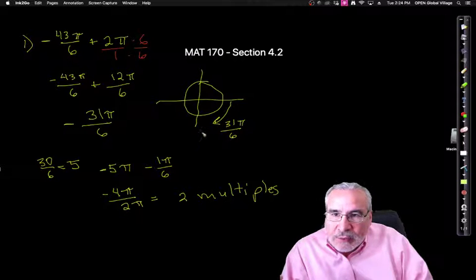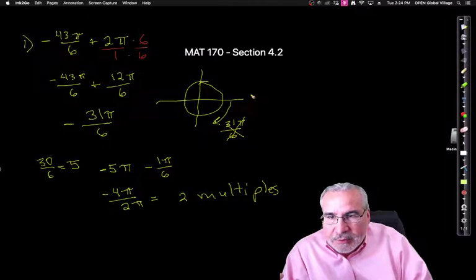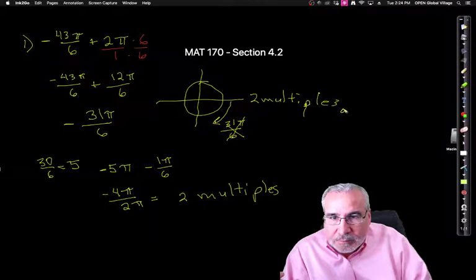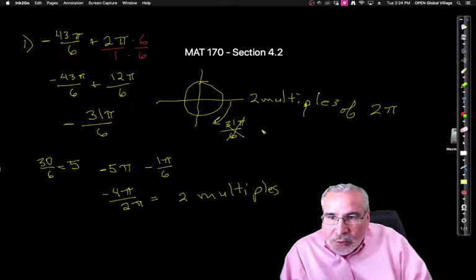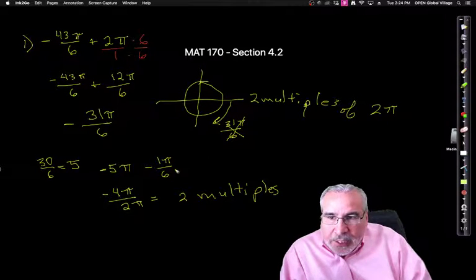So we've gone around 2 times, 2 multiples of 2 pi. And then we go 1 pi and 1/6.